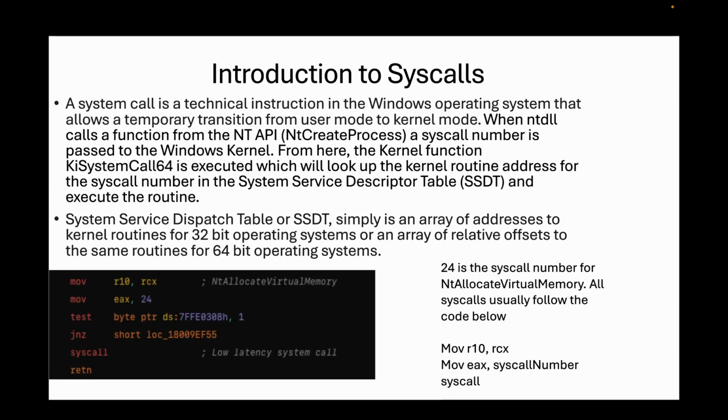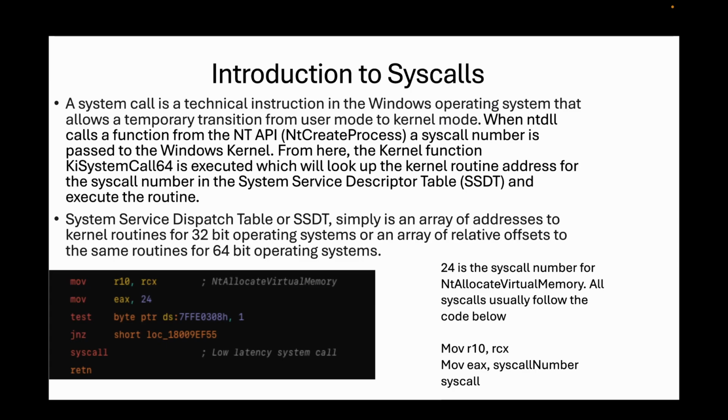A system call is a technical instruction in the Windows operating system that allows temporary transition from user mode to kernel mode. When ntdll calls a function from the NT API, the syscall number is passed to the Windows kernel. From here, the kernel function KiSystemCall64 is executed, which will look up the kernel routine address for the syscall number in the system service descriptor table, or the SSDT, to execute the routine.